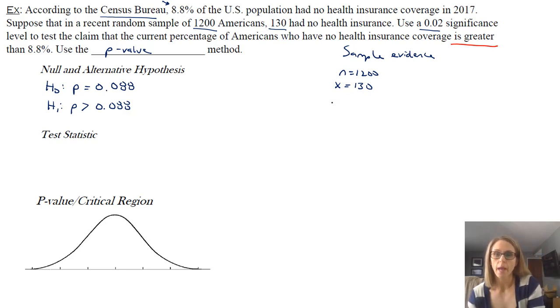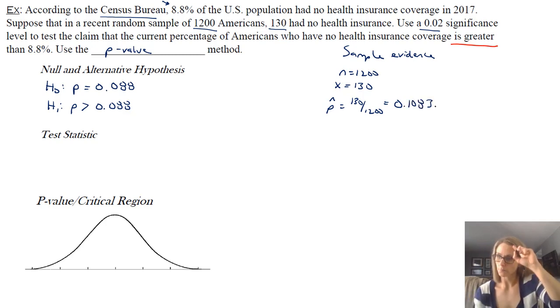We have our x and our n, and that will give us our p-hat, which is always x over n, and that is going to be 0.1083. So far so good.